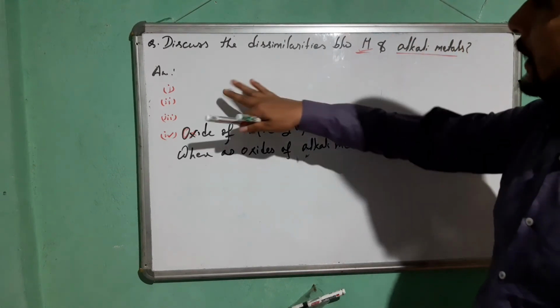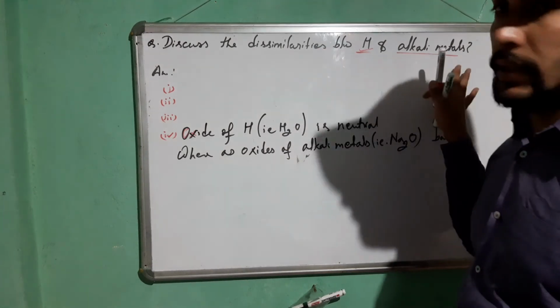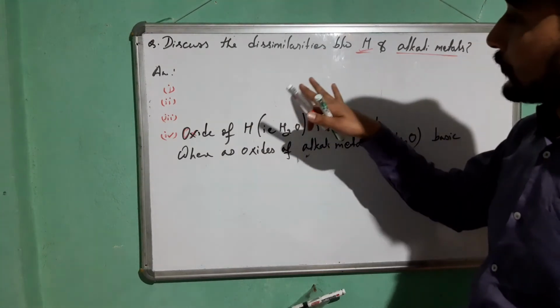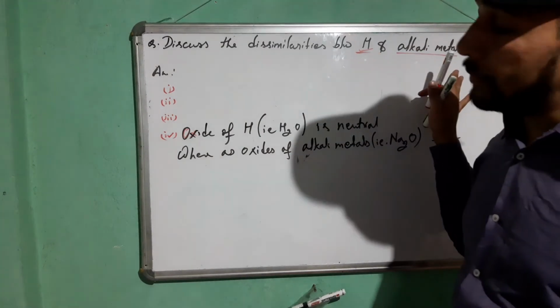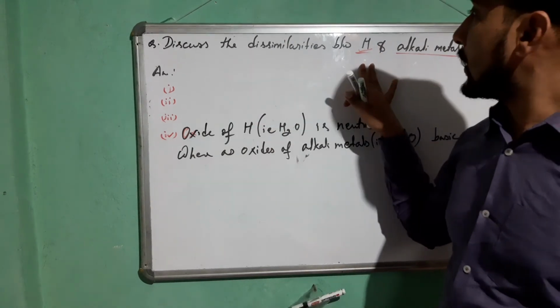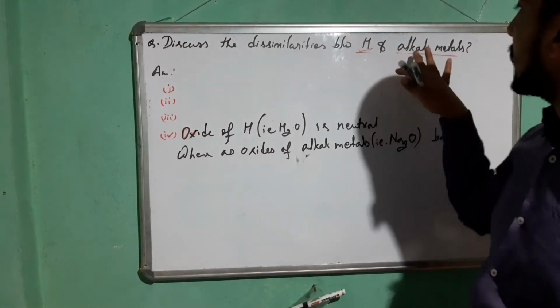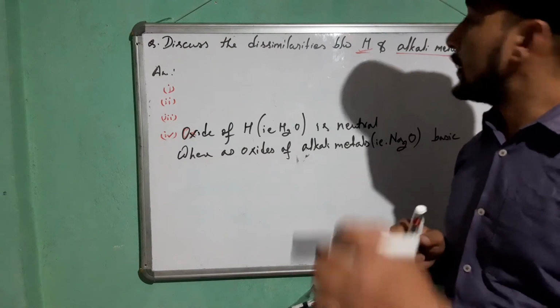So number 1, hydrogen is a non-metal, whereas alkali metals are metals. Number 2, hydrogen is diatomic, whereas alkali metals are monoatomic. Number 3, hydrogen is electronegative in nature. It has the tendency to pull electrons, whereas alkali metals are electropositive in nature.